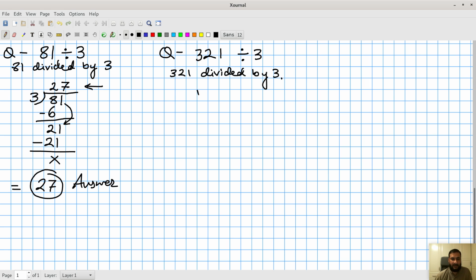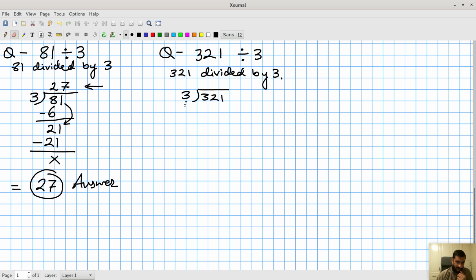So we do the regular way of doing 321 inside and 3 outside. Right, so let's start dividing. We check the number of digits of the divisor, which is single digit 3, and we take the first digit here and check if it is greater than or equal to the divisor. So 3 is equal to 3.